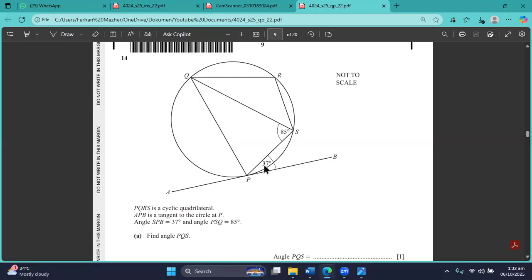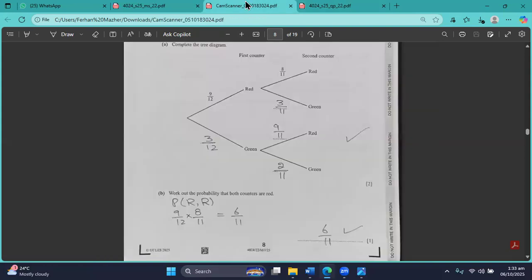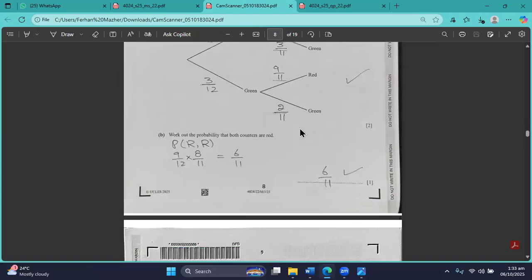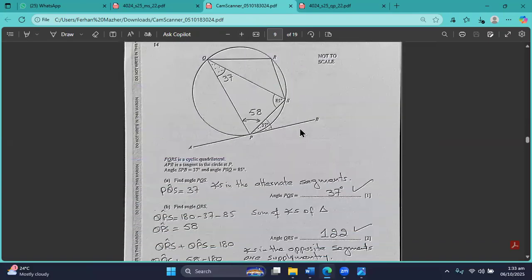So this angle 37 and this angle Q here, PQS, will be equal to each other. We call it the angles in the alternate segment. They are equal to each other. It's a 1 mark question, sir. I hope you remember this. Okay. So here we go.